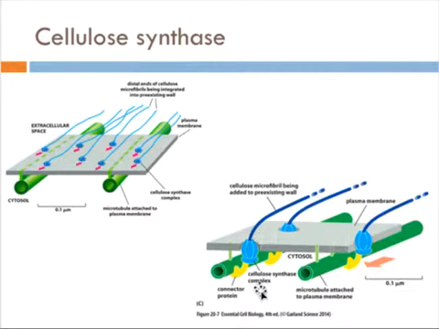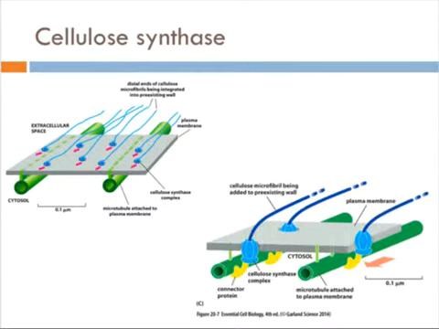So essentially, you're constantly adding these cellulose microfibrils into the cell wall by pushing the subunits through this enzyme. So the actual cellulose is never actually made inside the cell in the cytosol. It's being made as it moves out of the plasma membrane.